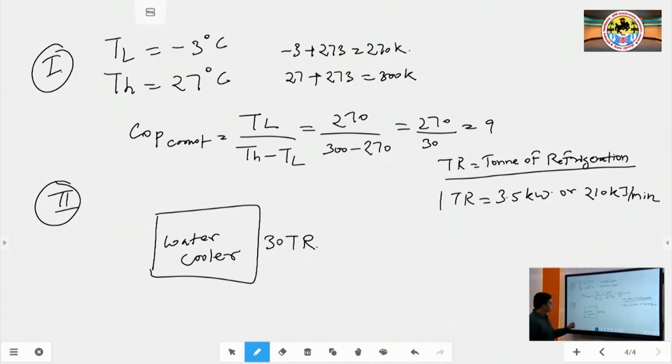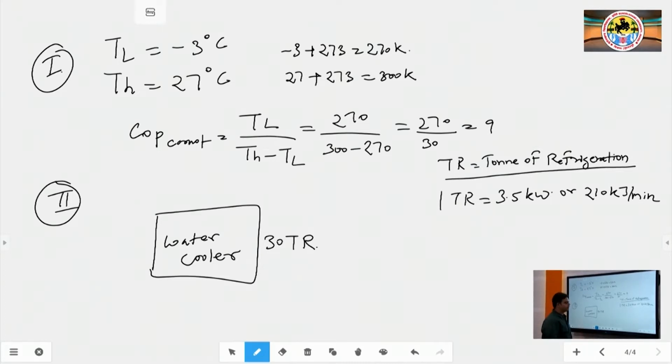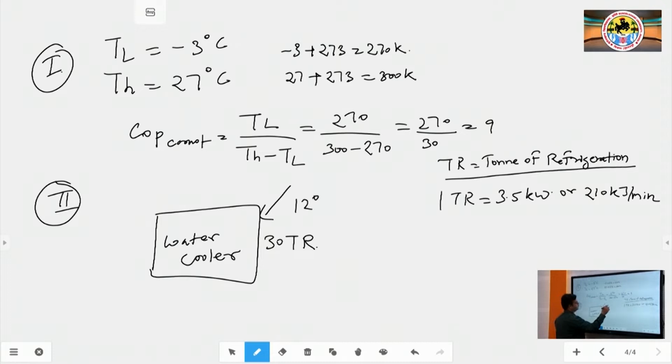So, let us take another example. A water cooler has a capacity of 30 TR, and water enters at a temperature of 12 degree centigrade with a volume of 20 meter cube per hour.